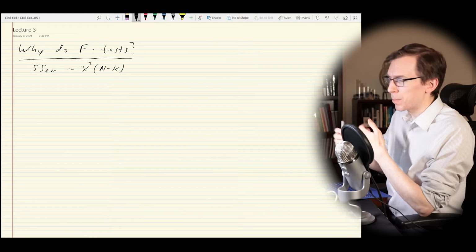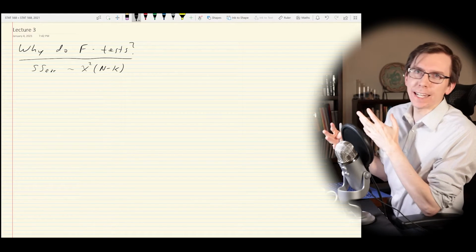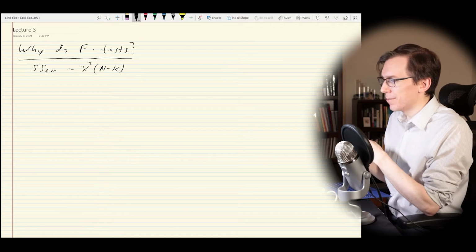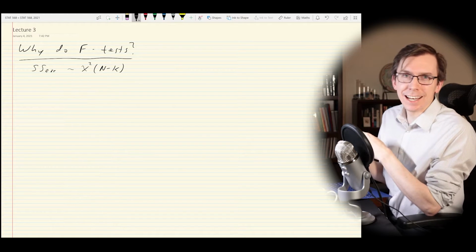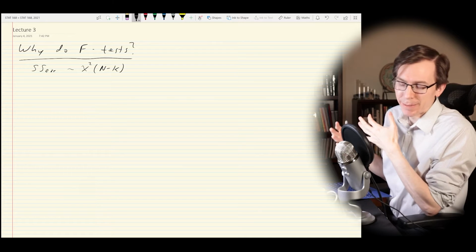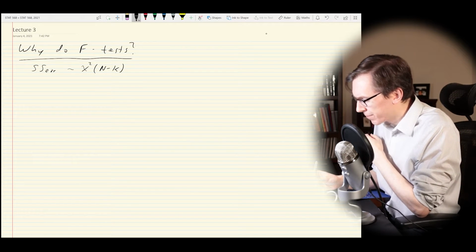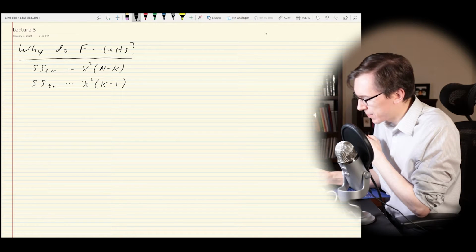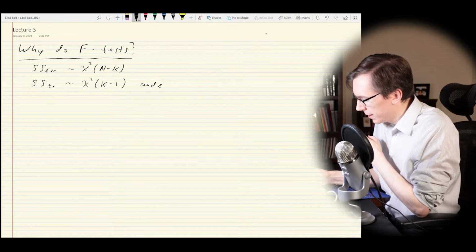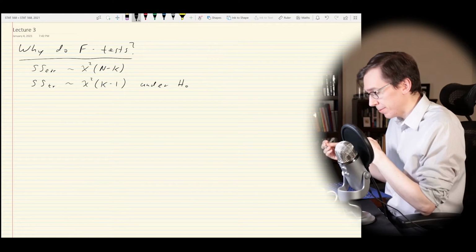When we get to multi-factor and other types of experimental designs, then the residuals will be a little bit different. But right now, we still have these degrees of freedom. And we also said that the treatment sum of squares in our one-way ANOVA will have a chi-squared distribution with k minus 1 degrees of freedom under the null hypothesis.